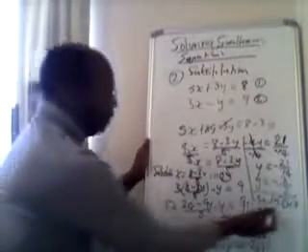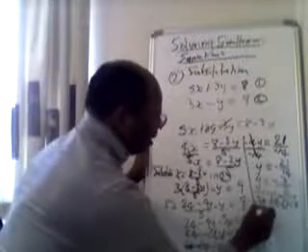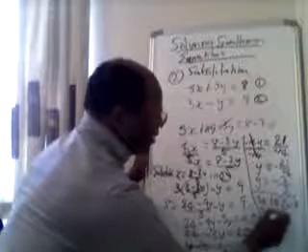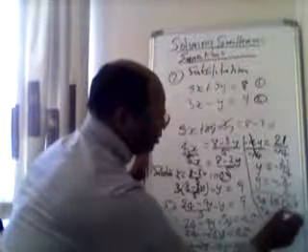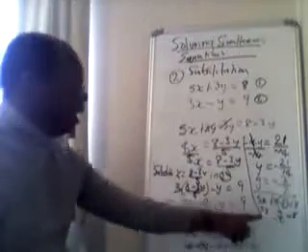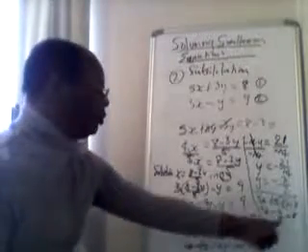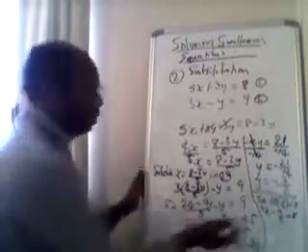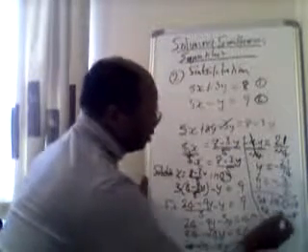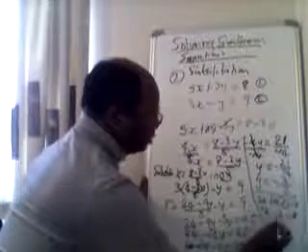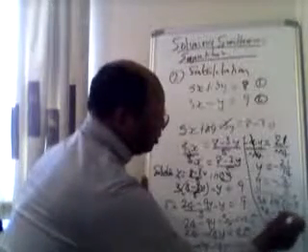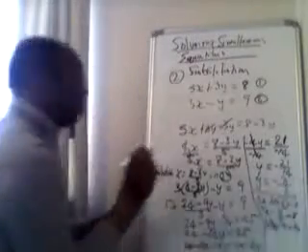If I multiply this out, I'm going to have 5x minus 9 over 2 equals 8. Then I can multiply each term by 2 to get rid of this 2. So 2 times this is going to be 10x, and this multiplied by 2 is minus 9, equals 8 times 2, which is 16.